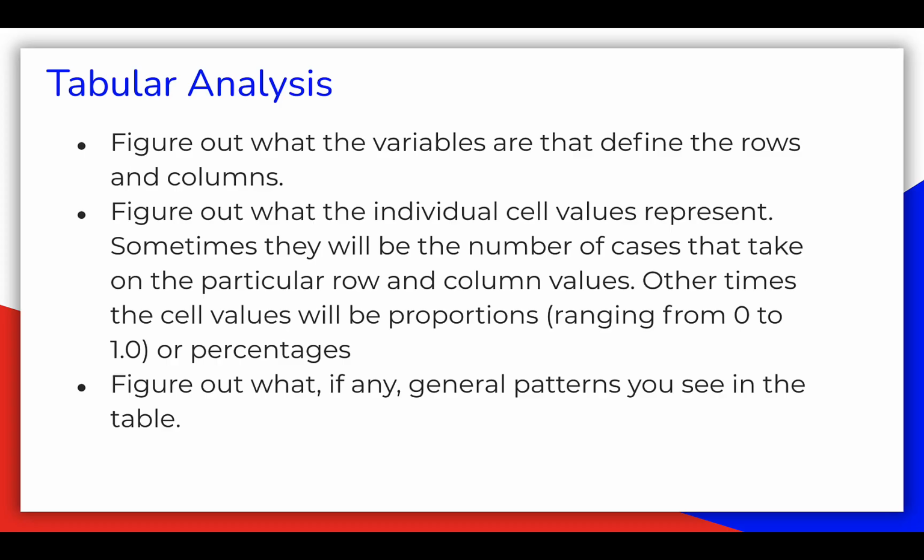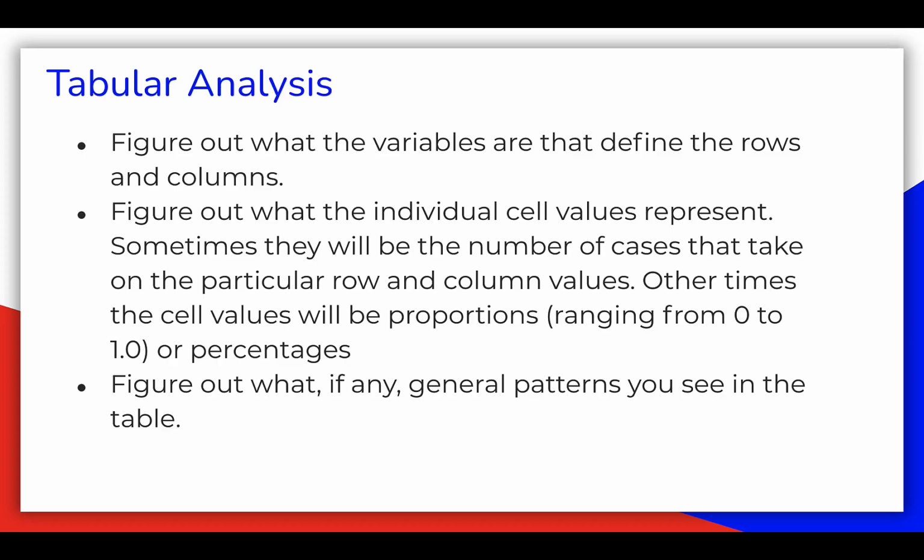The second step is that you need to figure out what the individual cell values represent. Sometimes they will be the absolute number of cases that fall into each. Other times they might be proportions or even percentages. So maybe they range from 0 to 1, which is like 0 to 100%, or maybe they range from 0 to 100%. And then finally, you're going to figure out if you see any general patterns in your table.